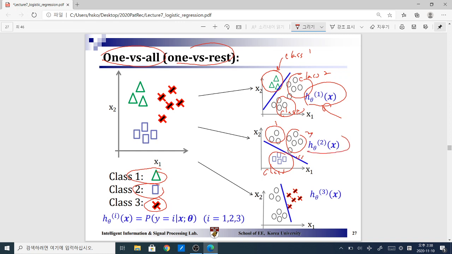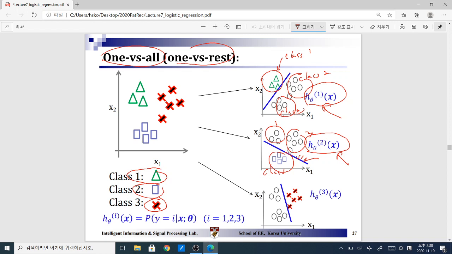Okay? So there is a corresponding, once again, hyperplane decided by this, just like we've done in the binary case, using the hypothesis function representing this decision hyperplane.